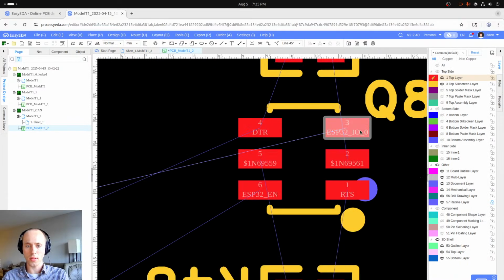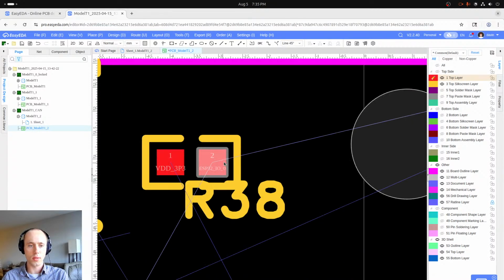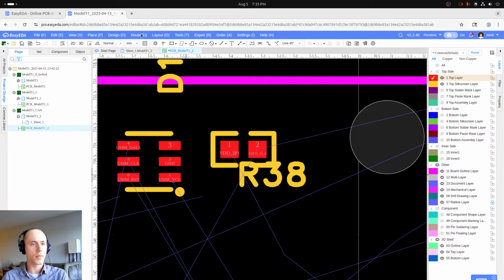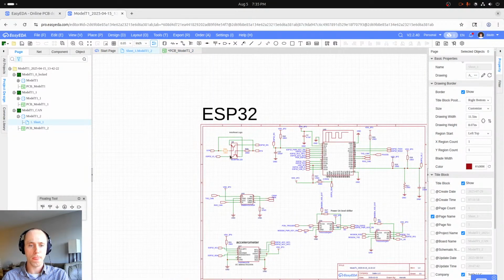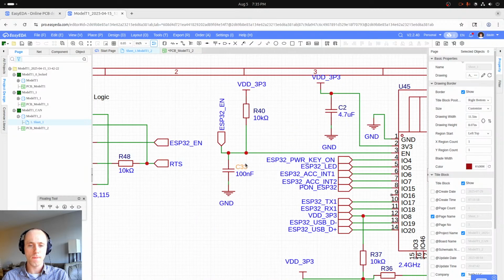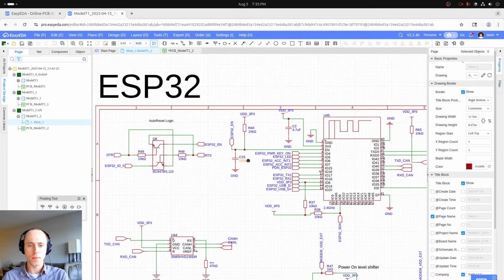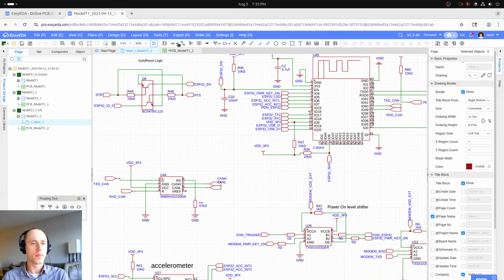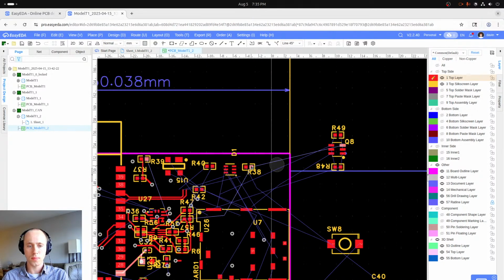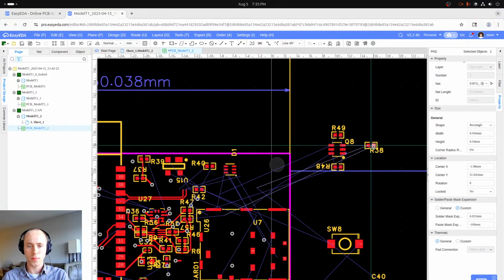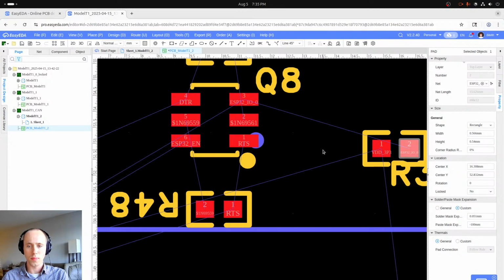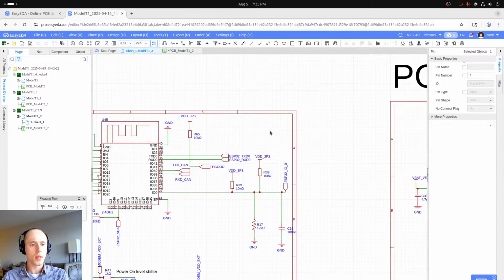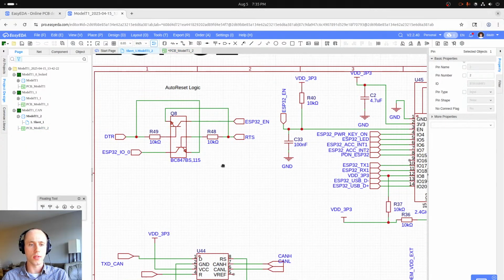So this is going to go, what's R38? Is this a pull-up? ESP32 IO0.